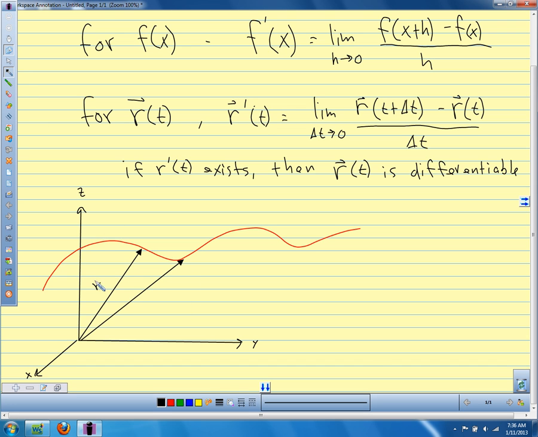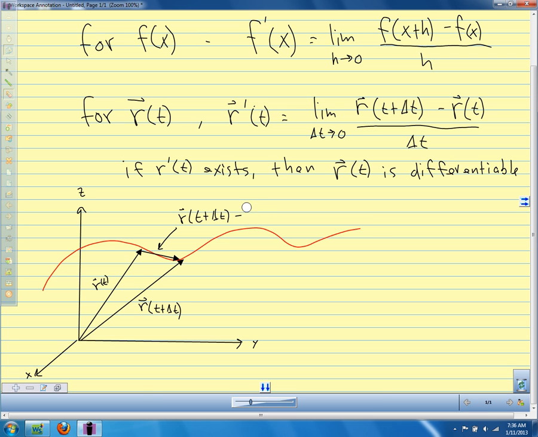So this is r of t, and this is our vector after some small amount of time, delta t. And this vector between them, we'll connect those. This is going to be the vector after we subtract, so this is going to be our numerator. This is r of t plus delta t minus r of t.